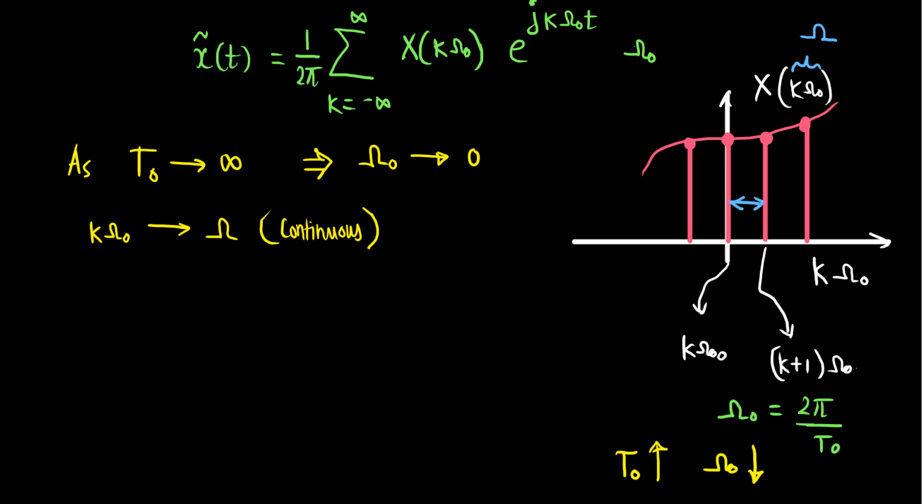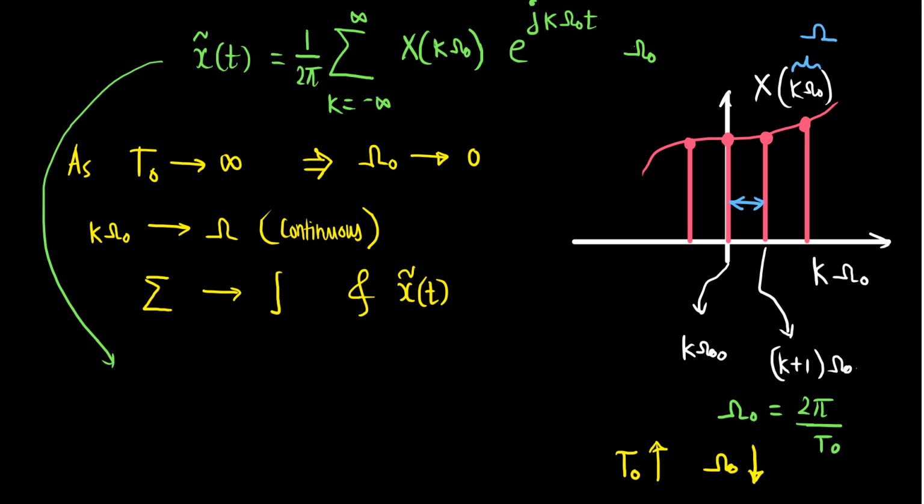So the result of this is that summation goes towards integration, because now there is no discrete form of k omega naught. It has taken the form of a continuous variable, and therefore we have to replace it with an integration here. So the resultant expression, as this t naught tends to infinite, we know that this x tilde of t is going to be equal to x of t.